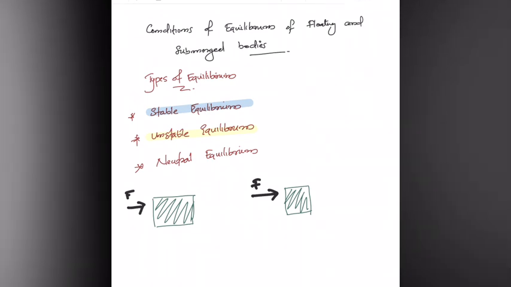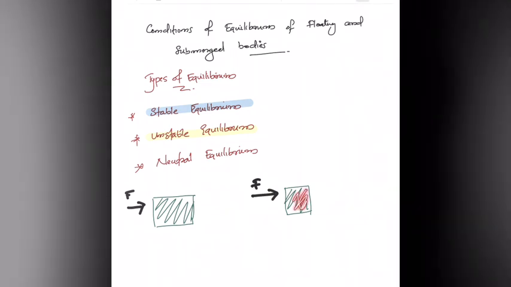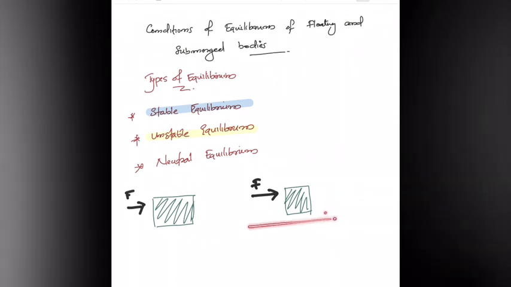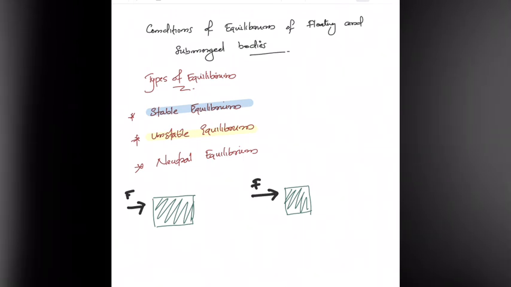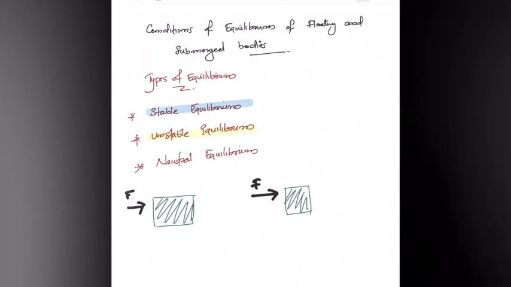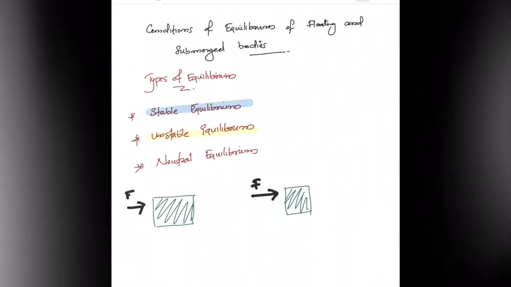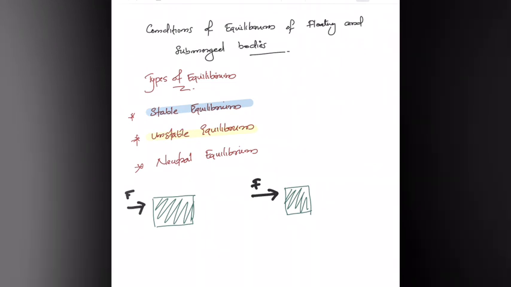So in unstable equilibrium, when we apply a force, the body will experience a net force or a torque in the same direction as the applied force or as the displacement. Thus we can say that a system in unstable equilibrium accelerates away from its equilibrium position, and this happens even if it is displaced slightly. So you don't need a large force to initiate that movement. You will need only a slight force.